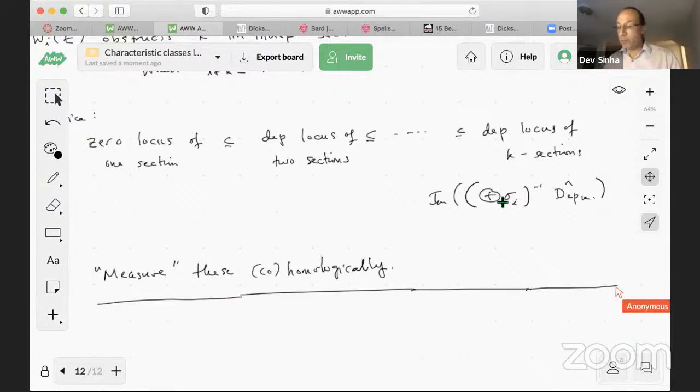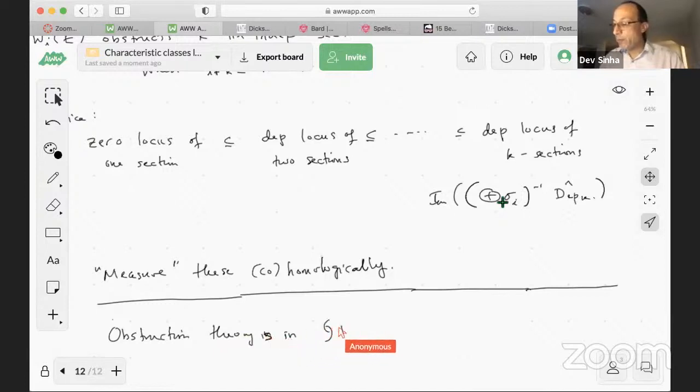Okay, so I wanted to move on to some applications and calculations, in particular using the axioms. This is contained in this wonderful section 4 of Milnor and Stasheff. But let me first say that, for those keeping track at home, this obstruction theory is in chapter 12 of Milnor and Stasheff.